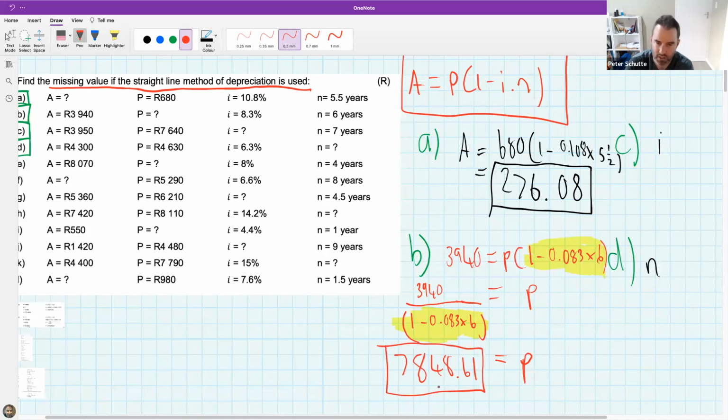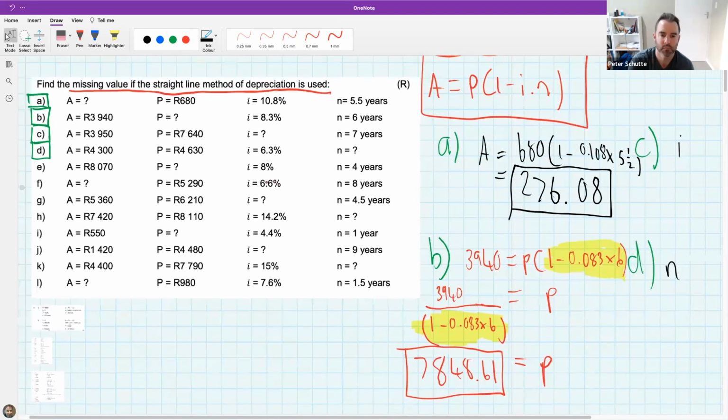So initially it was worth that, and then it lost value and it got down to 3940. See if you agree with me, that's awesome. And then you can have a crack at C next.